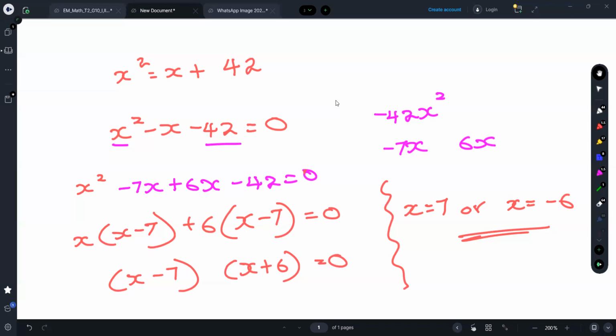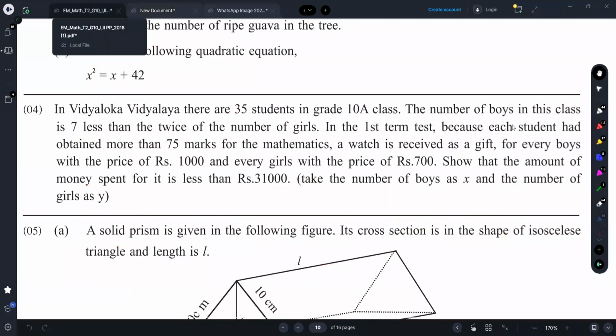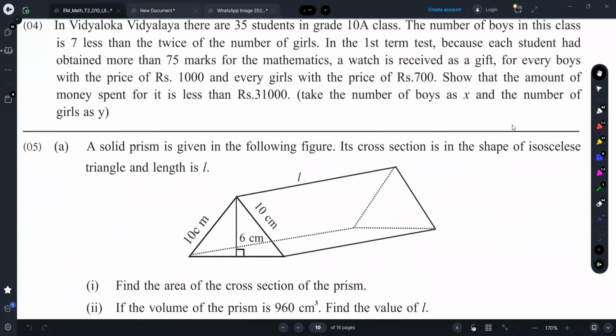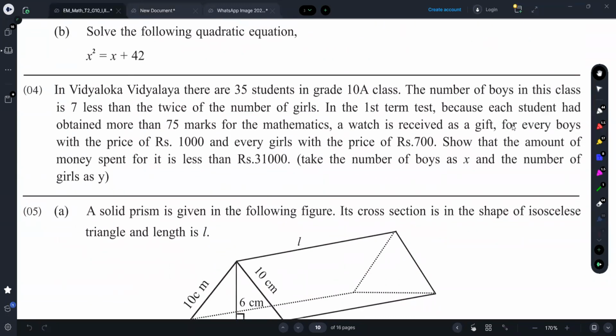Okay, then let's start the next question. Fourth one. In Vidyaloka Vidyalaya, there are 35 students in grade 10A class. The number of boys in this class is 7 less than twice the number of girls.